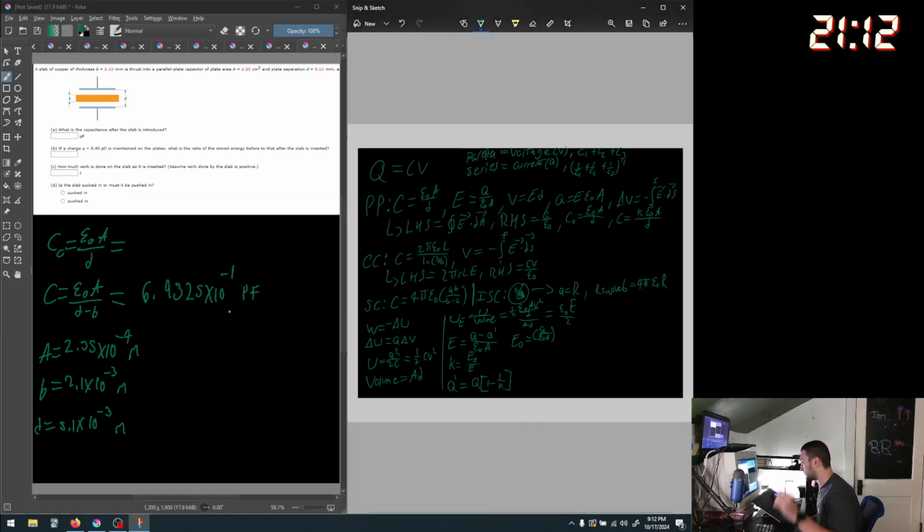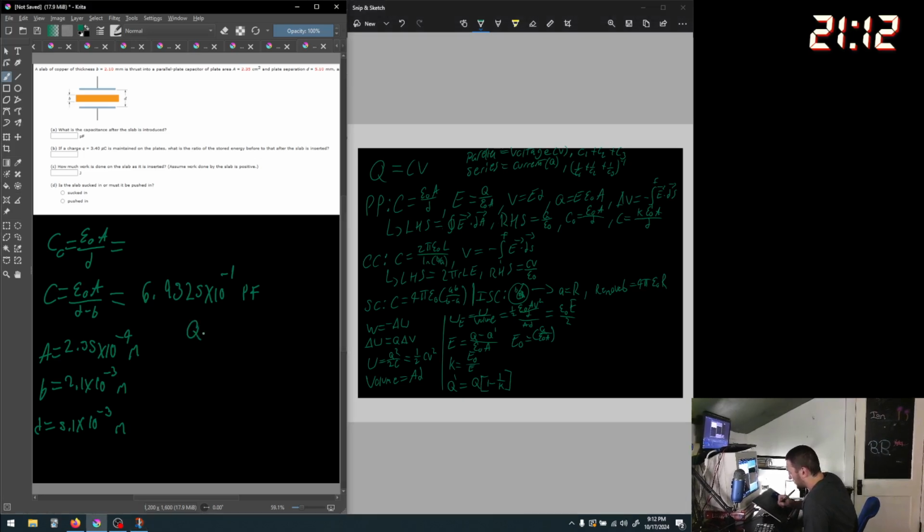So energy stored is, is it really Q epsilon 0 A? So what it's going to be is Q epsilon 0 D over Q epsilon 0 D minus B.